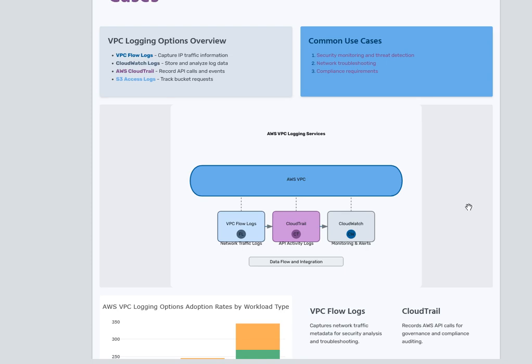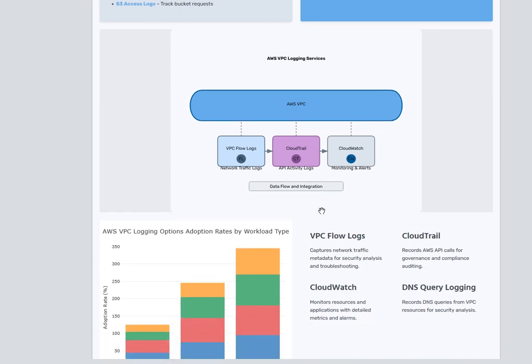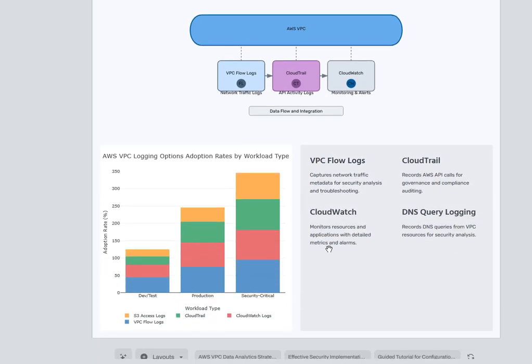For logging services, you can use VPC Flow Logs for network traffic logs, CloudTrail for API activity logs, and CloudWatch for monitoring and analyzing logs. So that's a brief introduction.